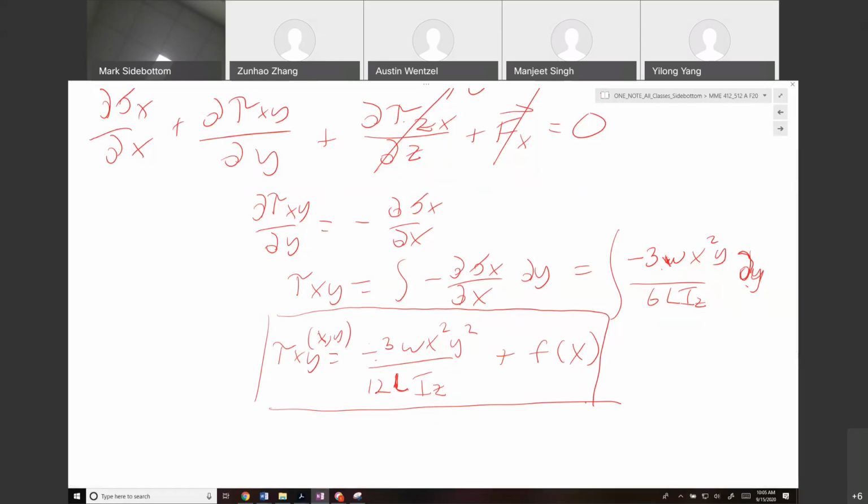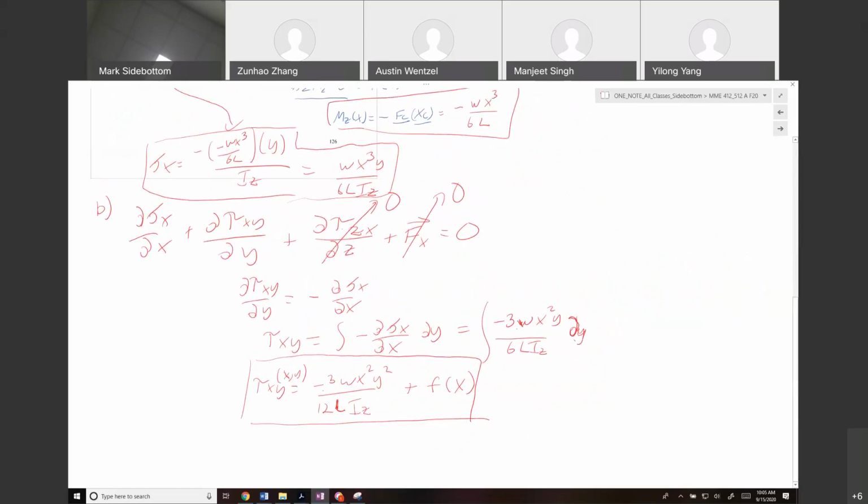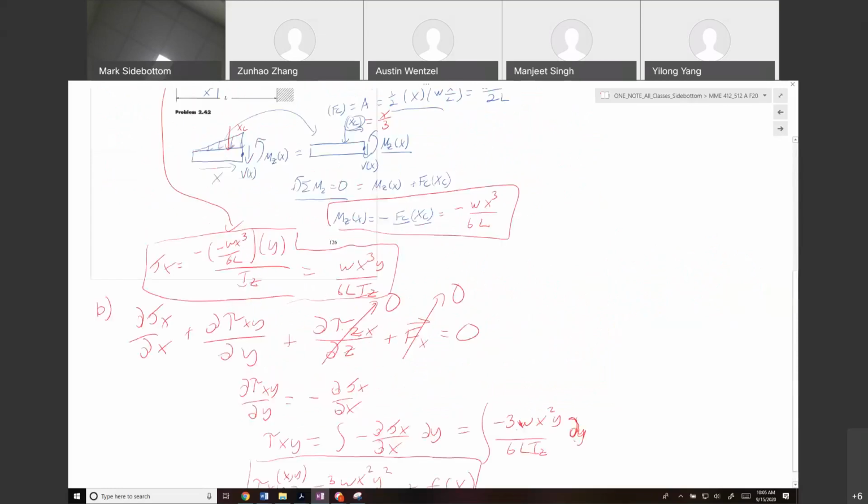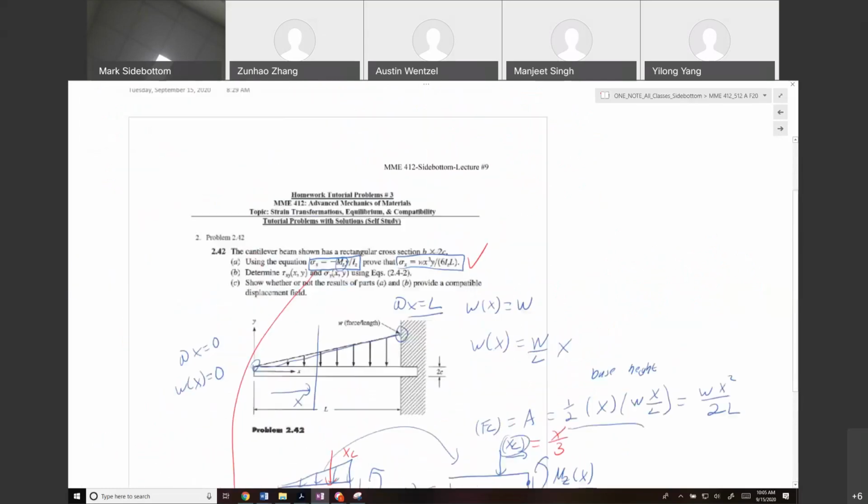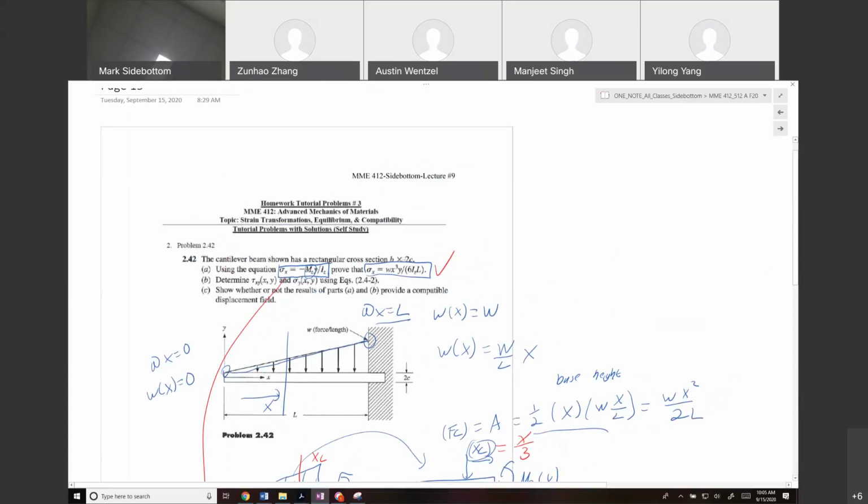So we know that when x is equal to L, Wx is equal to W. That is true, but we've already plugged W of x into the equation, so we're not going to use W of x.